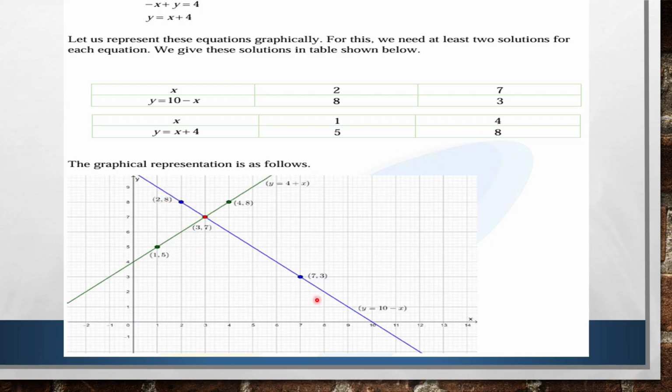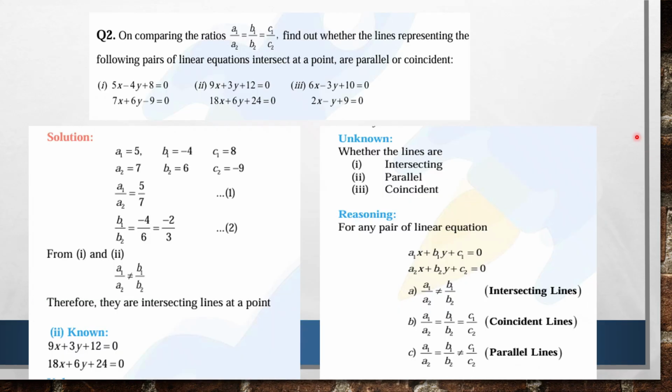Then 7, 3, here it is. So this is the blue line, the graphical representation of the first equation. Then in the second case, you can see 1, 5, then 4, 8. If you draw this graph, the lines intersect, and the middle point, that is 3, 7, is the final answer for question number 1.